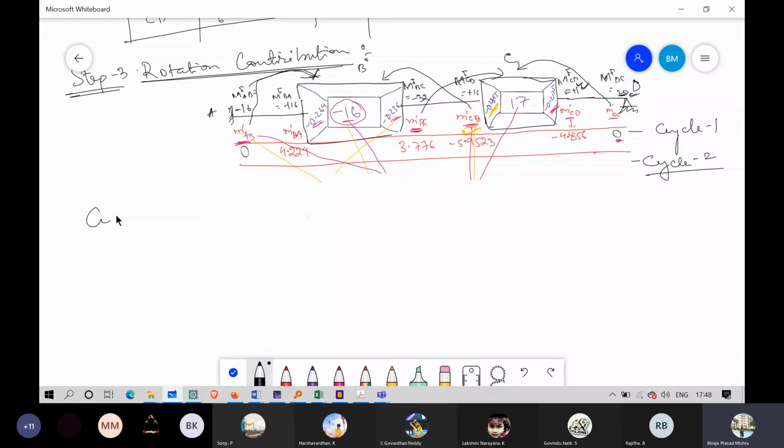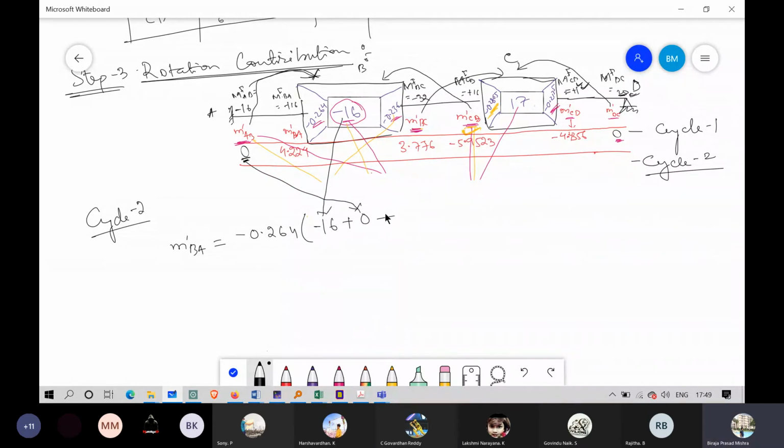So similarly again, please tell me what will be M bar BA. M bar BA equals again minus 0.264 into minus 16. Then M bar AB, how much is it? M bar AB is 0.